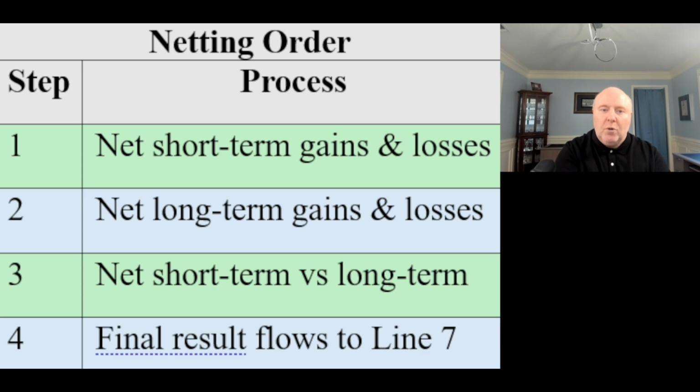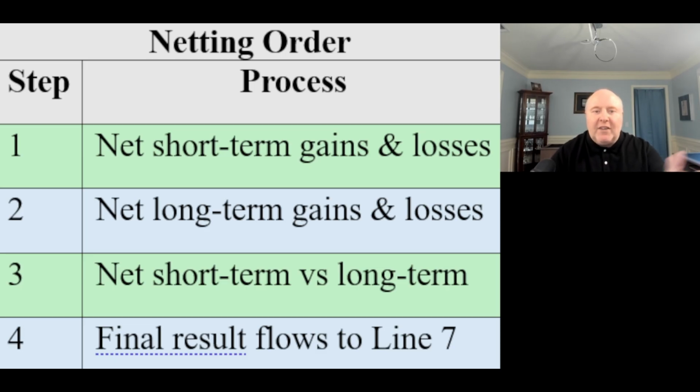So we're going to go ahead and look at some examples. But before I jump over to the examples, I do want to mention one thing. Let's say you have losses that survived. You've netted everything and it's going to be a loss. So what do we do with our losses? Well, if we're an individual, we can take up to $3,000 of those losses and offset ordinary income by that $3,000.